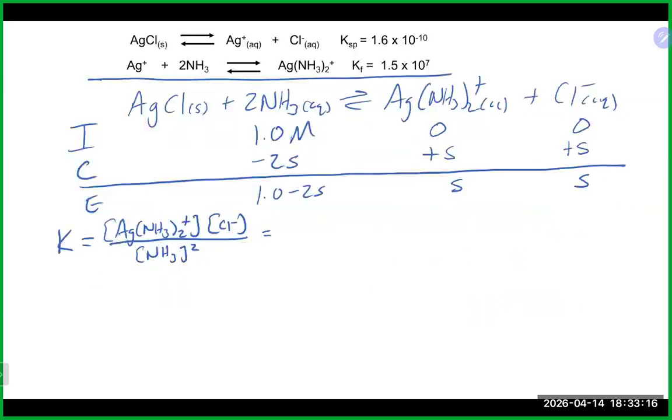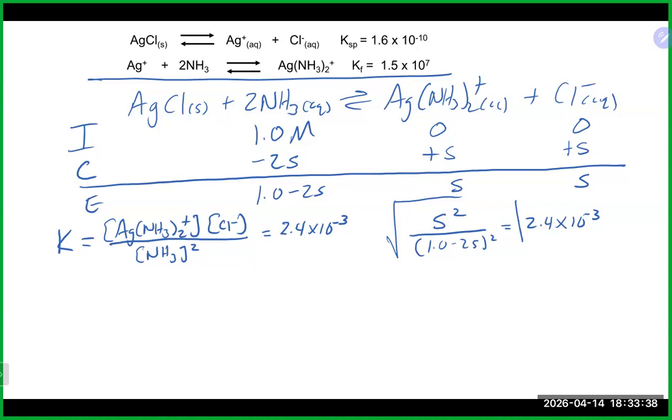Looks like it's 2.4 times 10 to the minus 3. Putting in our numbers here, we're going to get S squared divided by 1 minus 2S squared is equal to 2.4 times 10 to the minus 3. That looks like a nice little perfect square situation happening there.